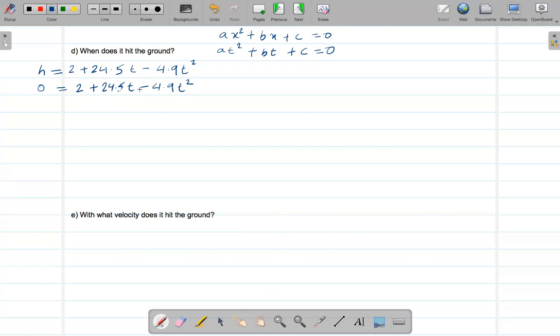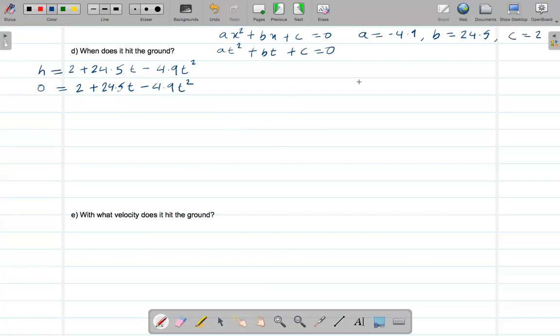A is the coefficient of t squared, which is negative 4.9. B is the coefficient of t, which is 24.5. And c is 2.